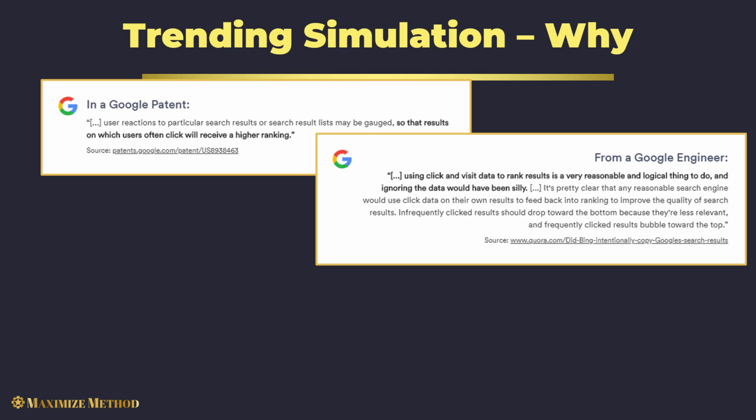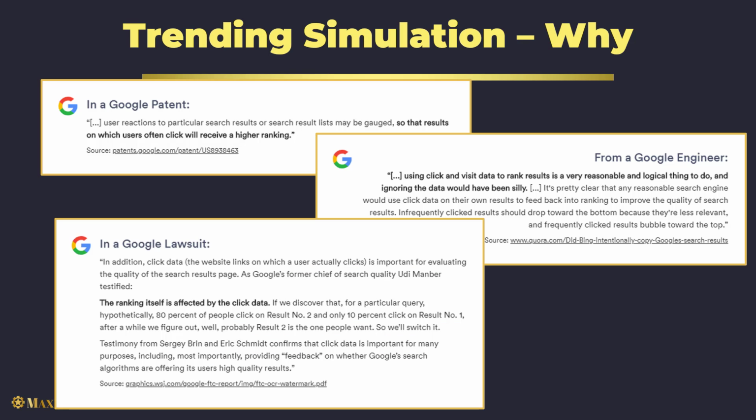And then we have this straight from the mouth of a Google engineer. Using click and visit data to rank results is a very reasonable and logical thing to do, and ignoring the data would have been silly. Indeed. And then the ranking itself is affected by the click data, and this was in a lawsuit on Google. And this is the tip of the iceberg. There are tons of other sources that show that click-through rate, dwell time, and essentially user experience does affect rankings.